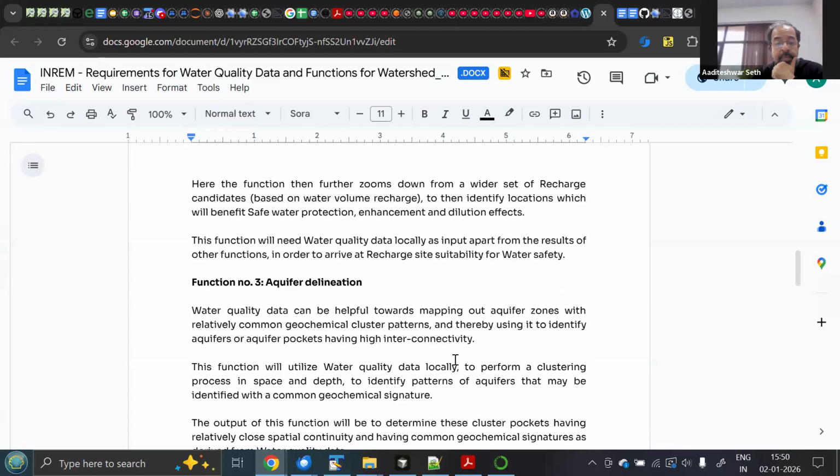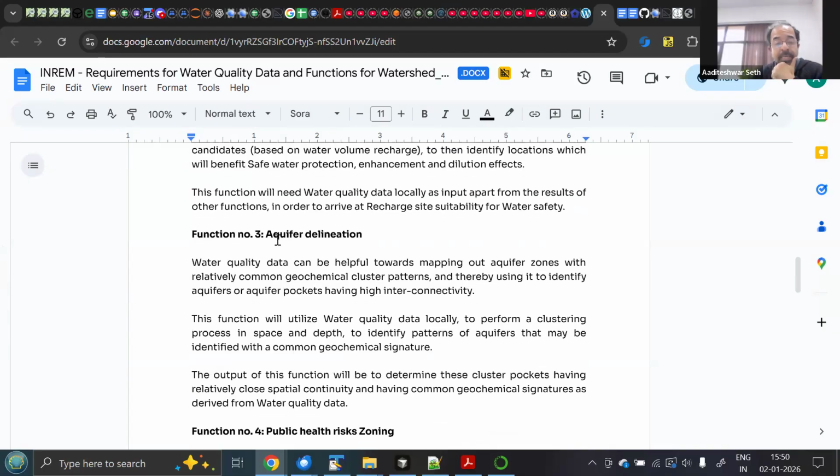Then similarly, one other interesting idea is aquifer delineation. If you're measuring groundwater quality and you're getting similar measurements in a bunch of different places, then you can imagine that probably the underlying aquifer is connected, that the groundwater is flowing between these areas, and that is why they have a similar chemical composition.